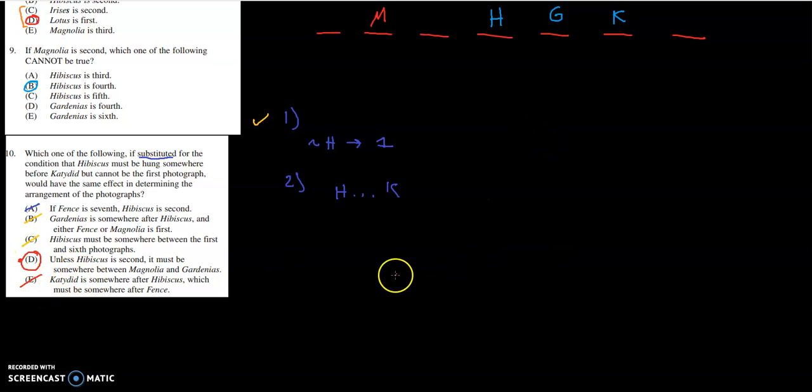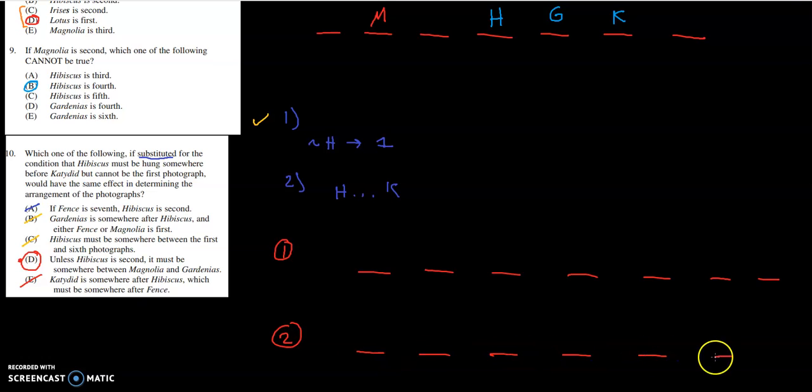Okay, so unless H is 2nd, we have to do this. 1, 2, 3, 4, 5, 6, 7. Let's just sketch this out. So scenario 1 would be H is 2nd. And scenario 2 is 1, 2, 3, 4, 5, 6, 7, where it's not on 2nd. Well, let's try the first thing. Let's say H is 2nd.